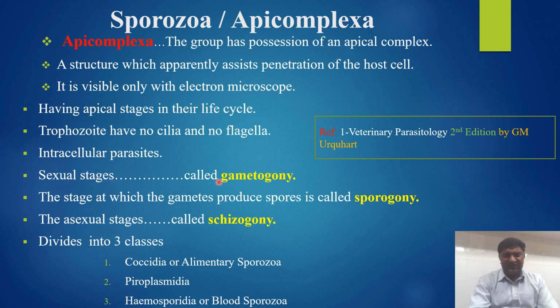The name is gametogony, while the stage at which the gametes produce spores is called sporogony, while the asexual stage is called schizogony. The Apicomplexa are divided into three main classes. The first one is Coccidia or elementary Sporozoa, the second one is Piroplasmida, and the third one is Haemosporida or blood Sporozoa.